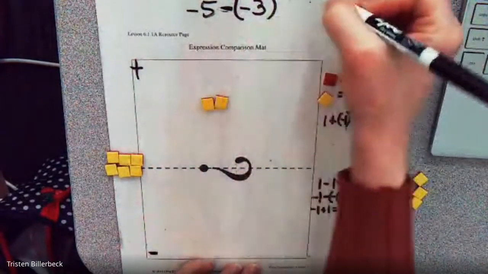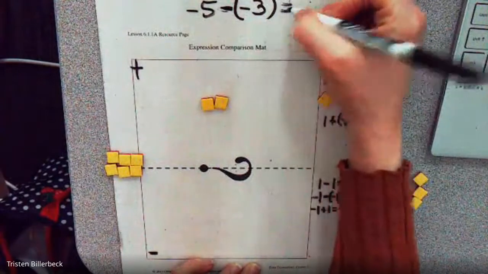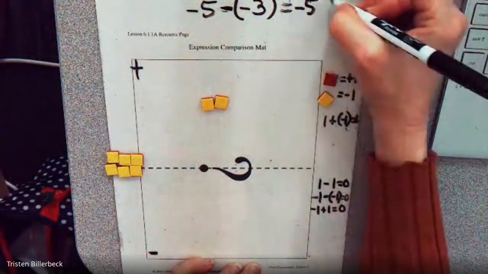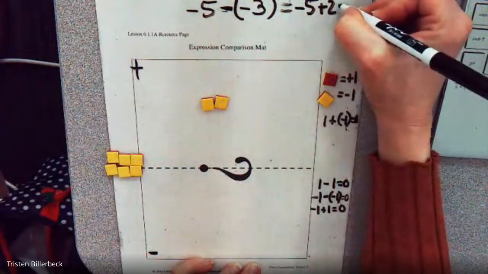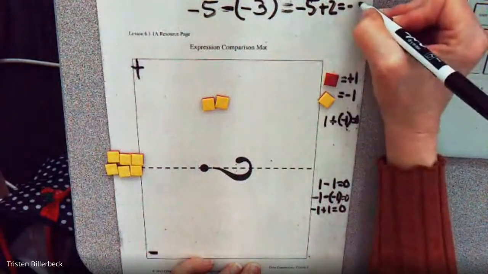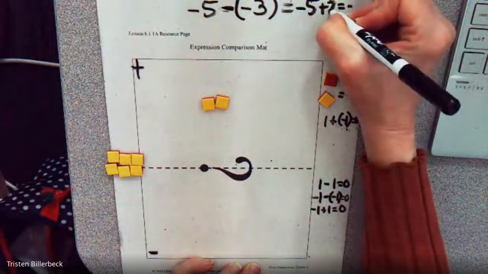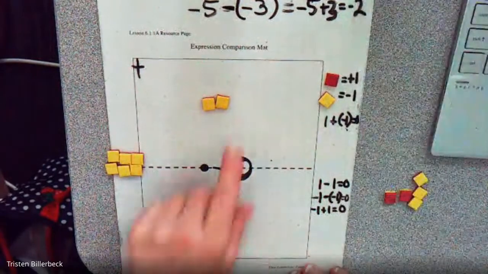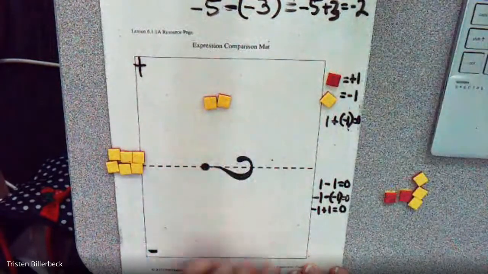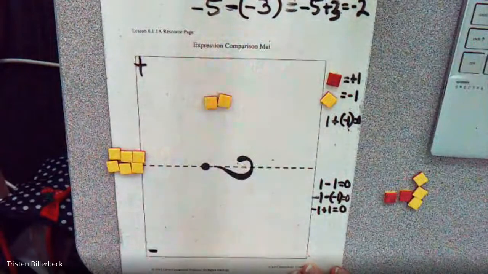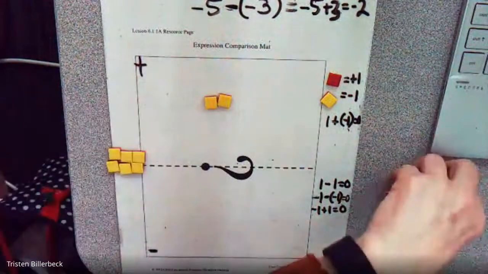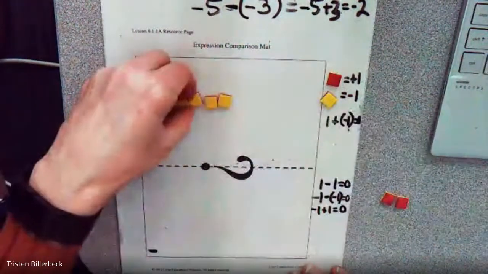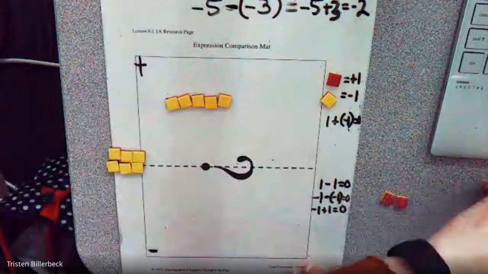Well, let's look at that. That's the same thing as negative 5 plus 3, which would be negative 2. And that's what we got. But how would negative 5 plus 3 look? So let's look at negative 5 plus 3.